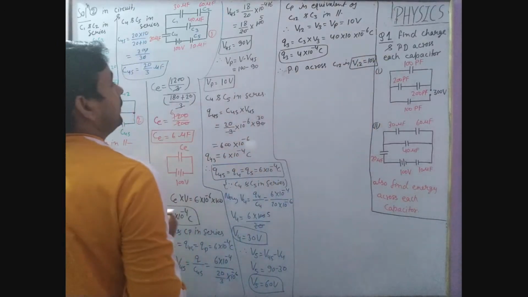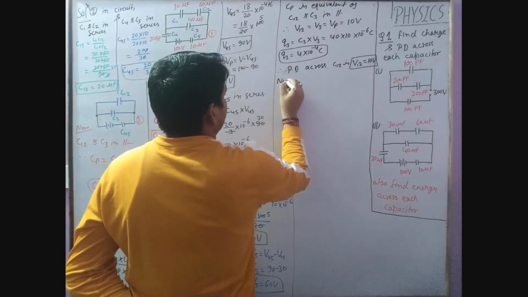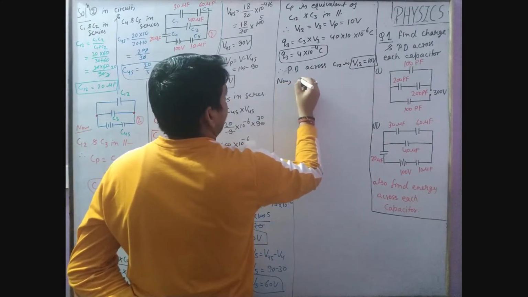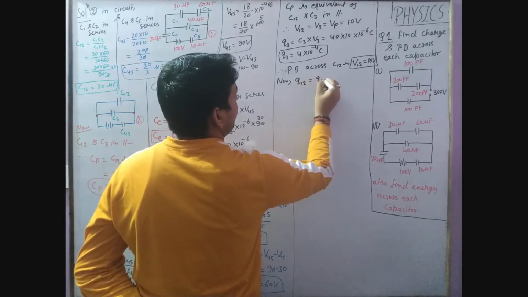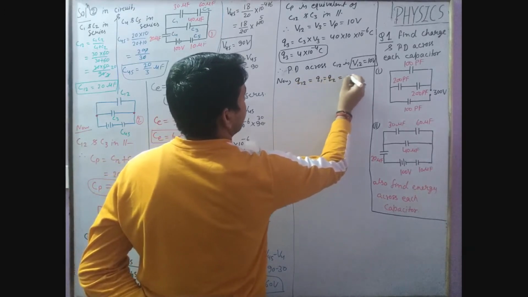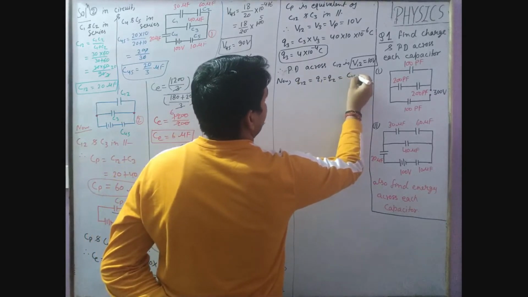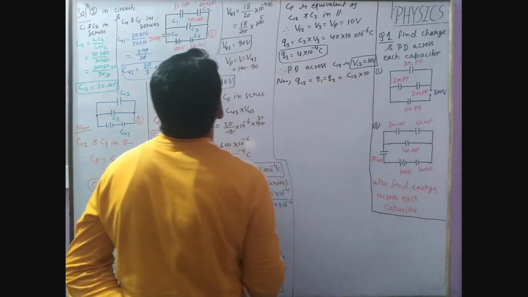Now Q12, which is equal to Q1 equal to Q2, is C12 into 10.